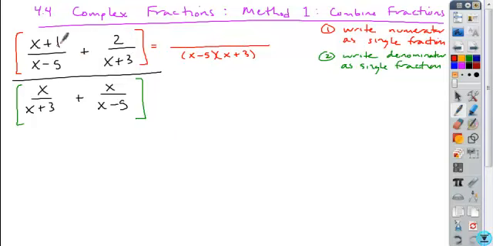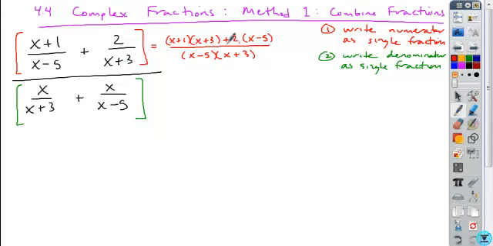When we combine them into one single fraction, we take the numerator of our first fraction times the LCD factor that was missing from its denominator. What factor was missing from this denominator? It has the x minus 5, it's missing the x plus 3. And then we take plus 2, the next fraction's numerator, times the missing LCD factor from its denominator. It has the x plus 3, it's missing x minus 5.